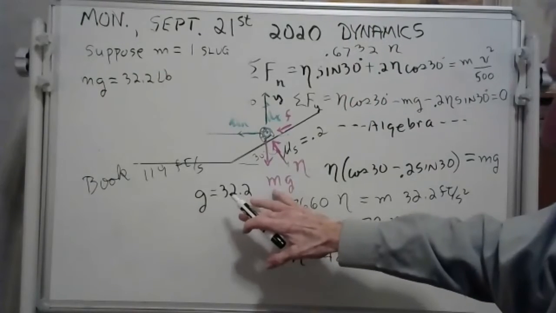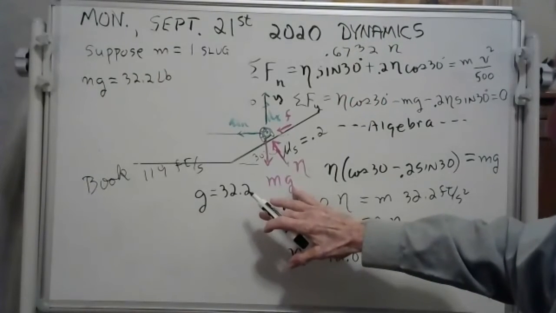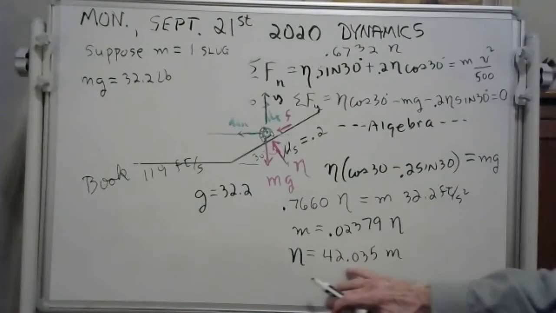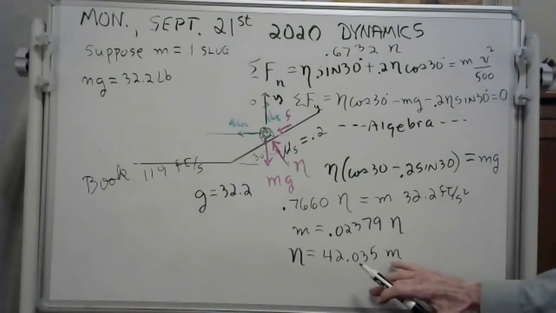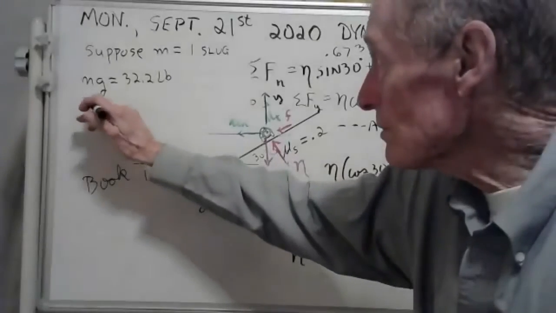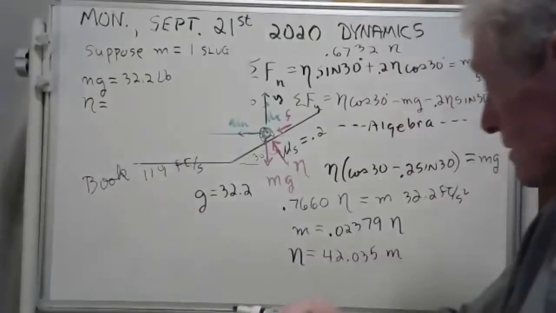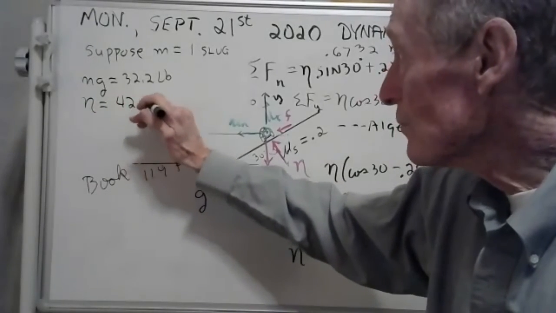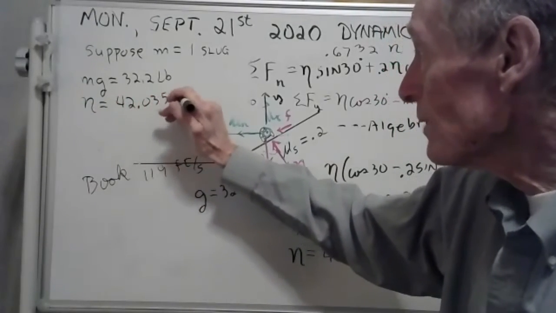Because if the mass is 1 and g is 32.2, you get 32.2 pounds. Now the normal is 42 point something times the mass, which is 1 slug. So the normal is 42.035 pounds.